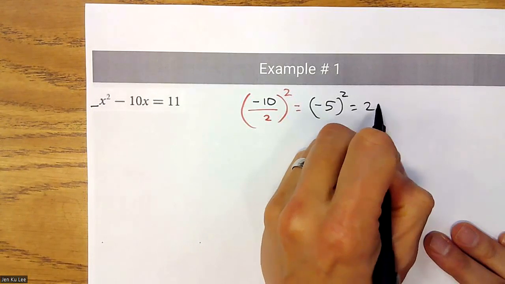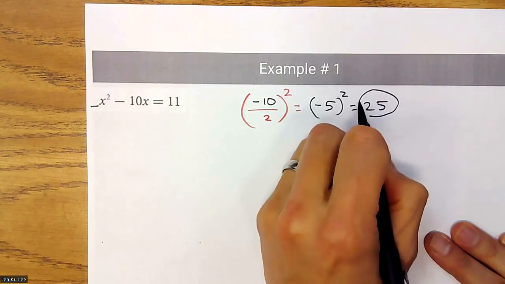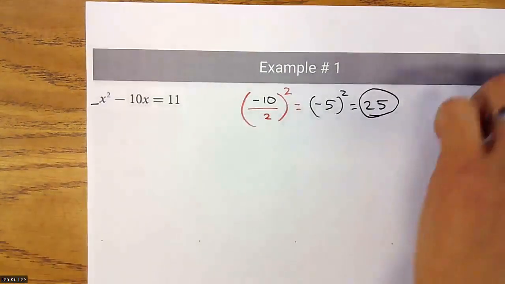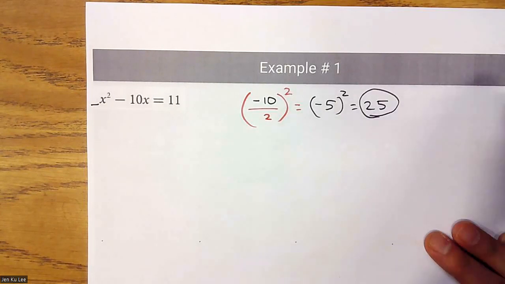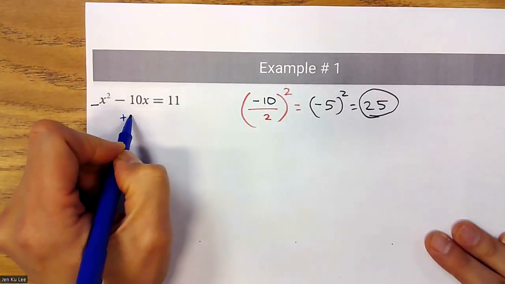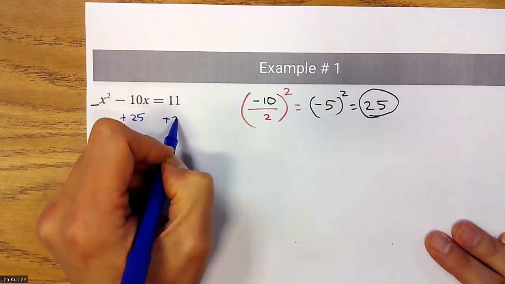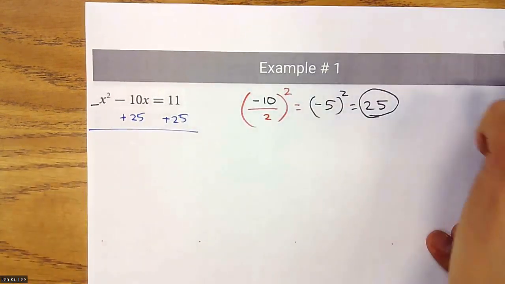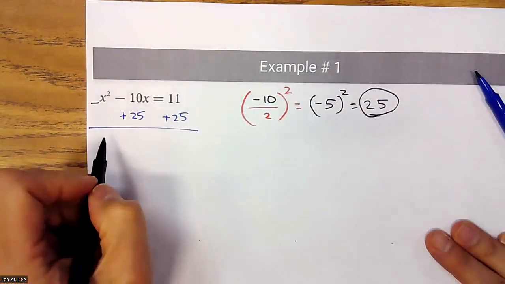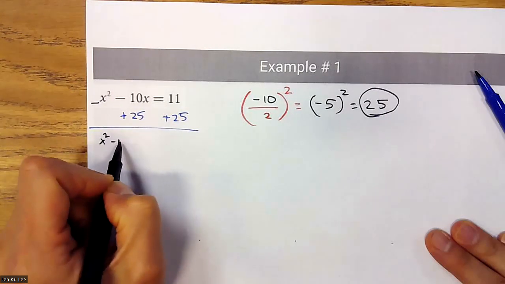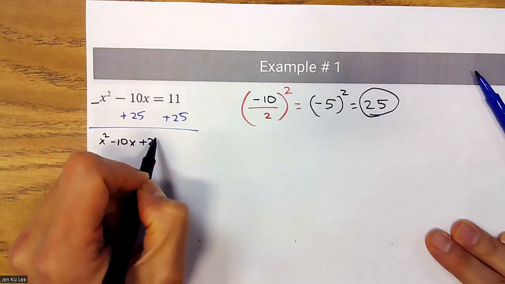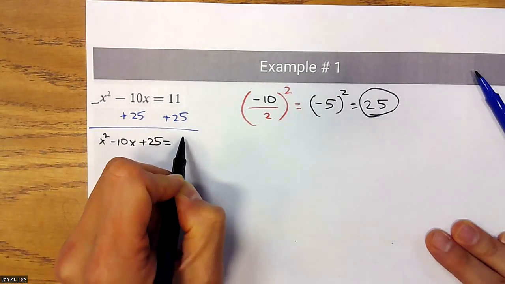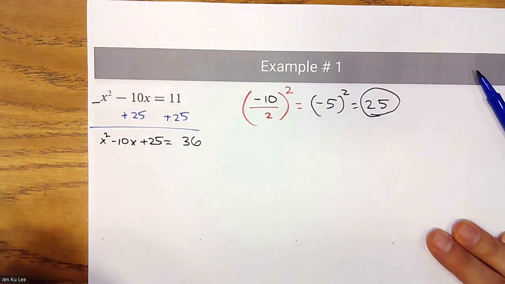Squared, that's 25, right? We're going to take that number and we're going to add it to both sides of the equation. Okay? So this is x squared minus 10x plus 25 equals 36, right?